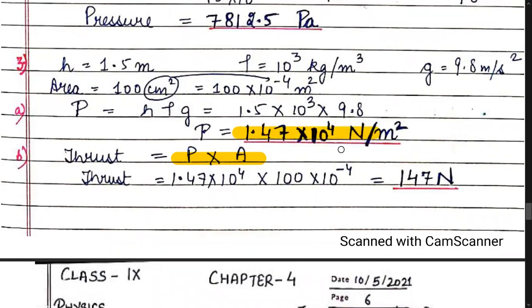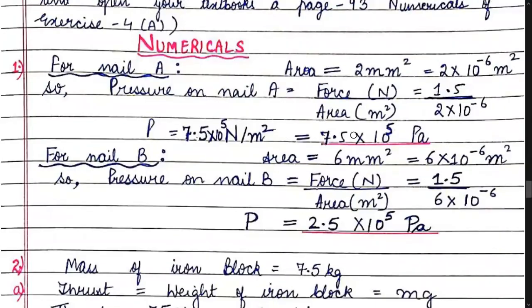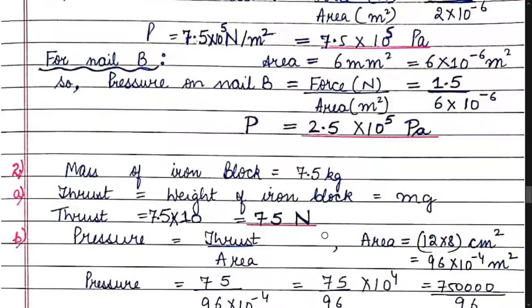So pressure you have found, area is given in centimeter square. So children, convert the centimeter square into meter square. So when centimeter square is converted into meter square, it is 10 raised to power minus 4. And in case of millimeter square into meter square, it is 10 raised to power minus 6.